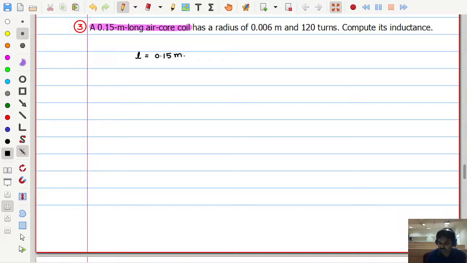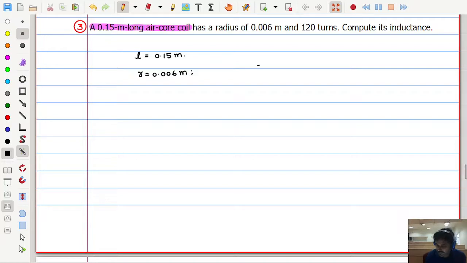Air core means just simply like a plastic pen might be chosen to form the coil. That plastic is not a conductor, so we call it an air core. If an iron piece is chosen, we call it an iron core. Clear? So here the radius of the core is 0.006 meters.